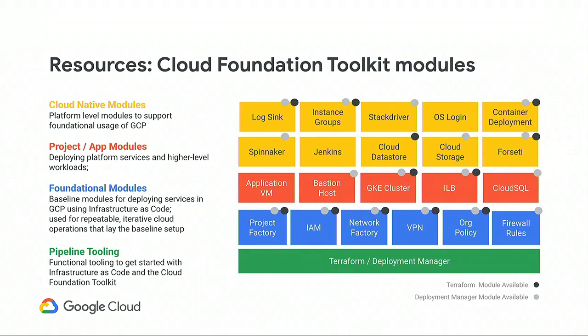A few resources to leave you with. There's a project internal to Google called the Cloud Foundations Toolkit, where a group of Googlers has come together and built a standard set of modules in both Terraform and Deployment Manager for things such as project creation, associating labels, all the way up the stack into things such as container deployments and Cloud Storage as well.